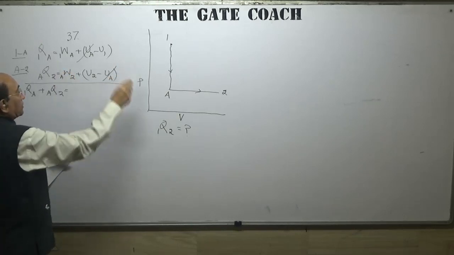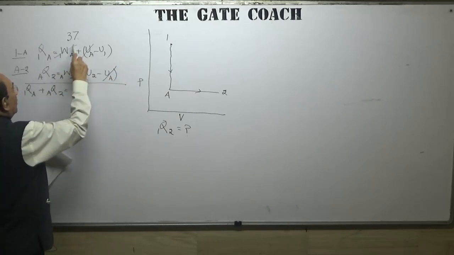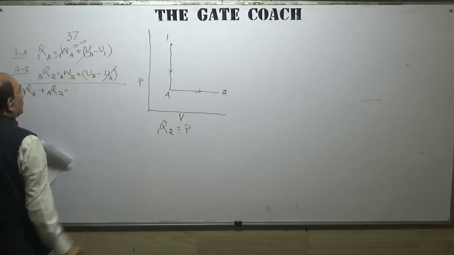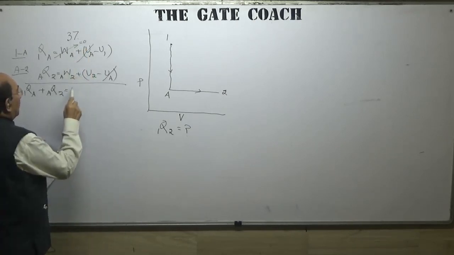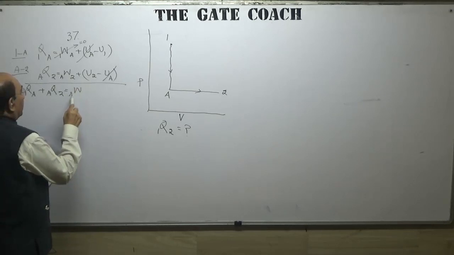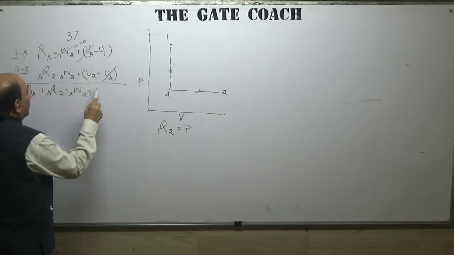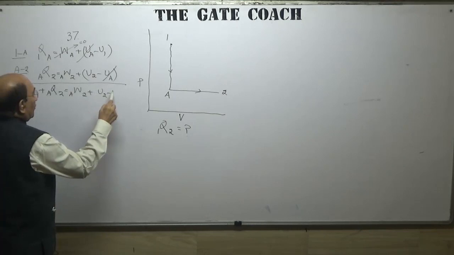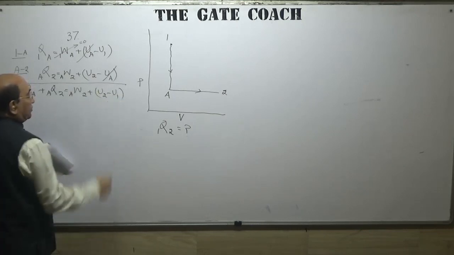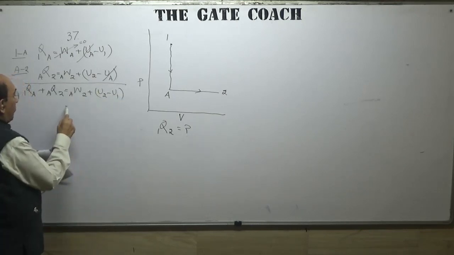Work done in process 1 to A, a constant volume process, is 0. So we are left with WA2 plus U2 minus U1.